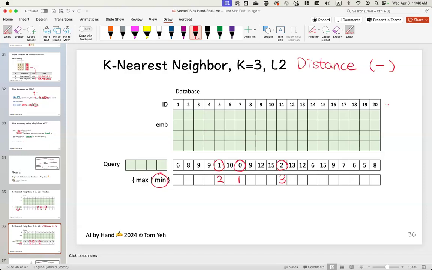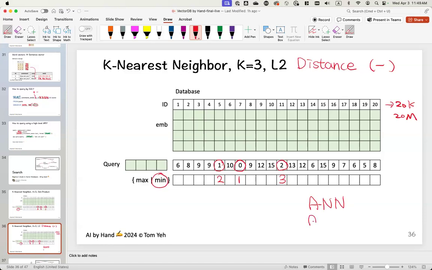So 20 is fine, but what if we have 20k or 20 million records? So we need an algorithm where we don't have to scan the whole thing. We could just scan some of it. And when you do that, it's called ANN. In this context, it does not stand for artificial neural network.